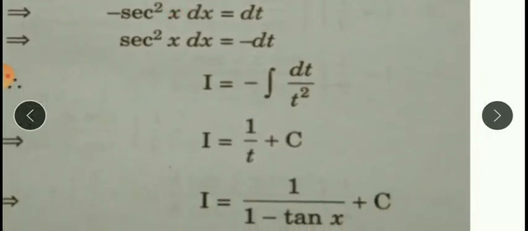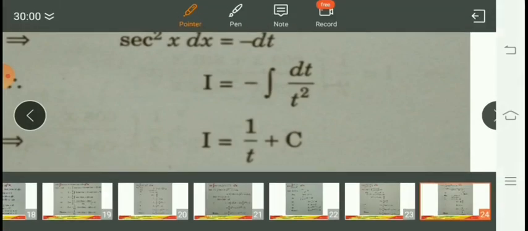Therefore, I is equal to minus integration dt upon t square. We know the formula, this can be written as integration t raised to minus 2 dt. Using the formula integration x raised to n is equal to x raised to n plus 1 upon n plus 1, it becomes t raised to minus 2 plus 1 upon minus 2 plus 1. That is t raised to minus 1 upon minus 1.